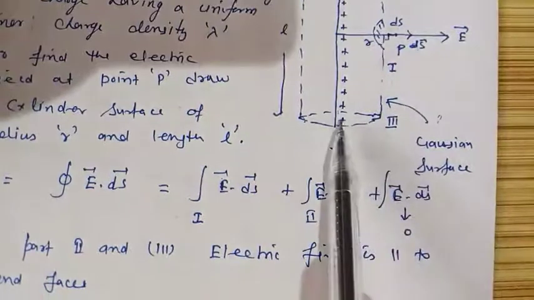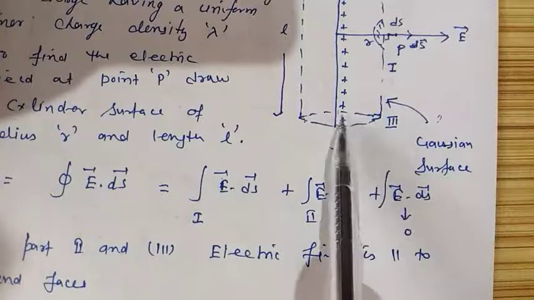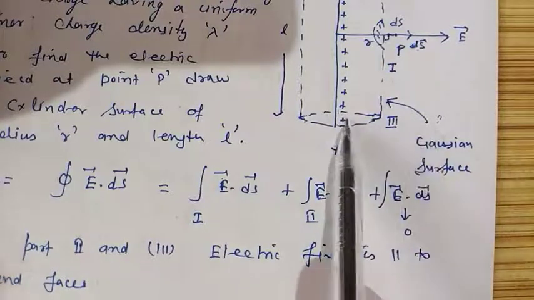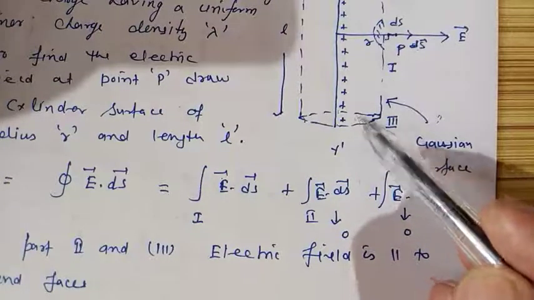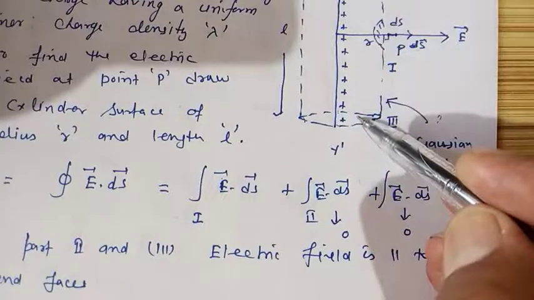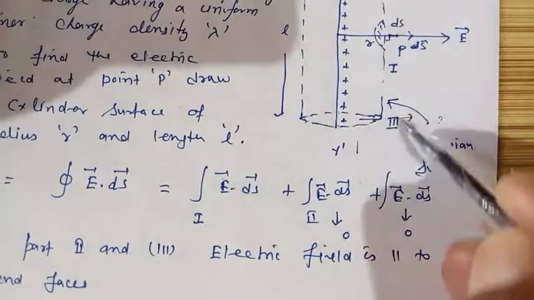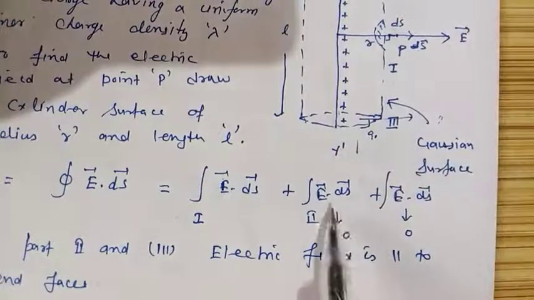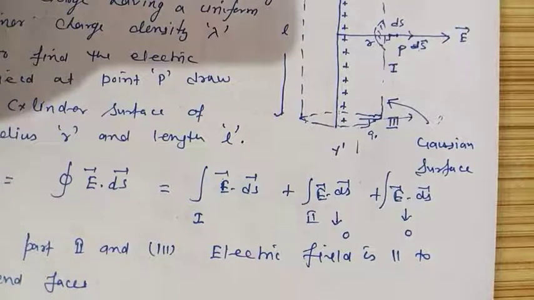But in this case, electric field goes parallel to the face, right? Whenever you take the area vector, it will be perpendicular. So the angle between electric field and area vector will be 90 degrees, so E ds cos 90 will be 0. So here it is E ds cos of 0, that is E ds. Cos 0 is 1.